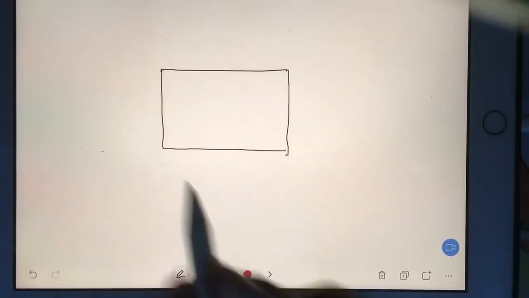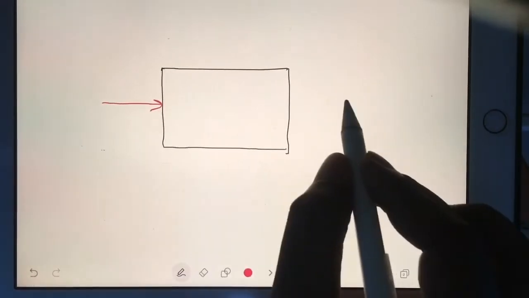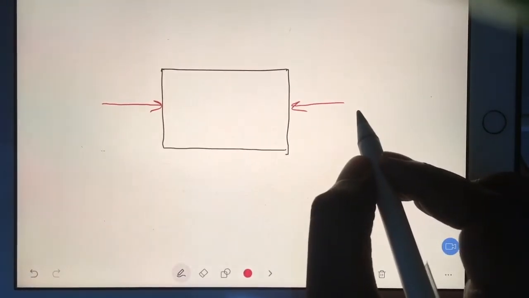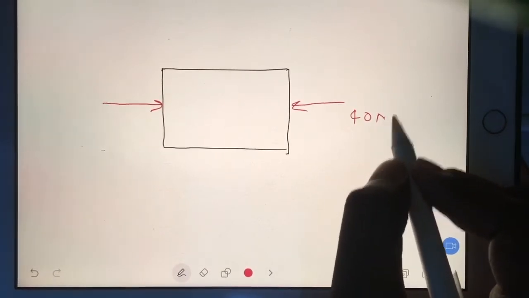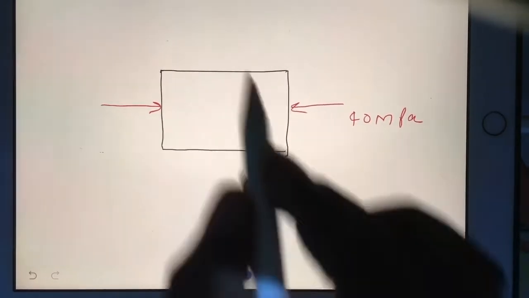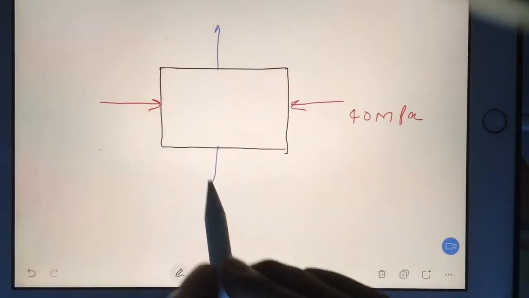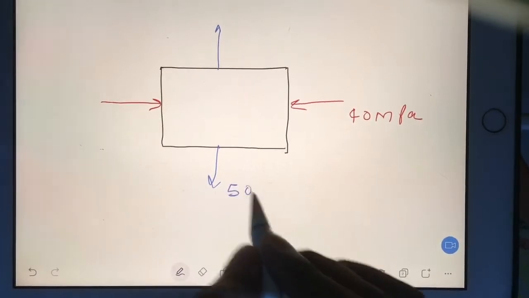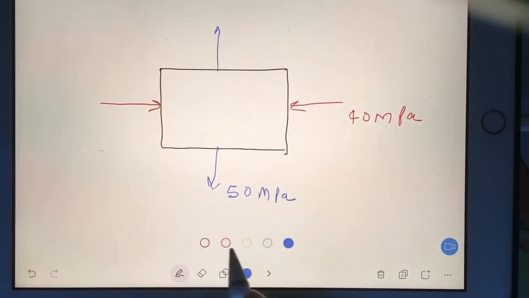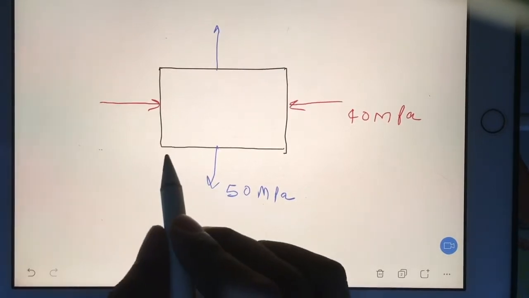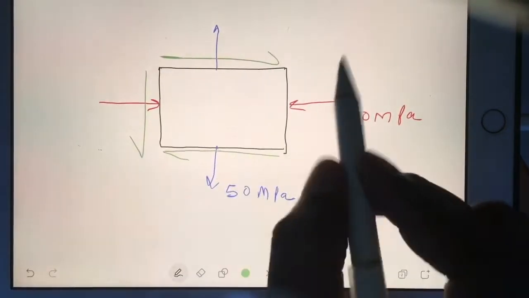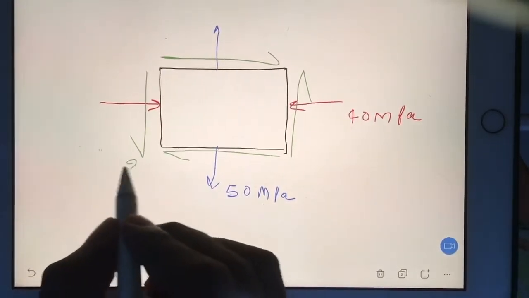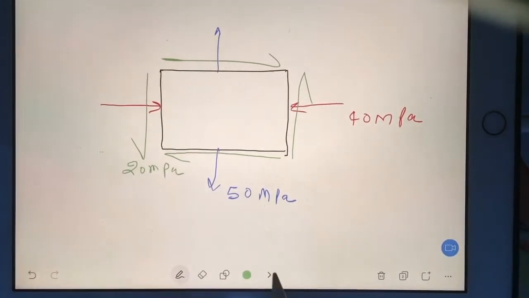This is the member, and this is acting as 40 megapascal, and this is acting as 50 megapascal, and this is acting like this, 20 megapascal.